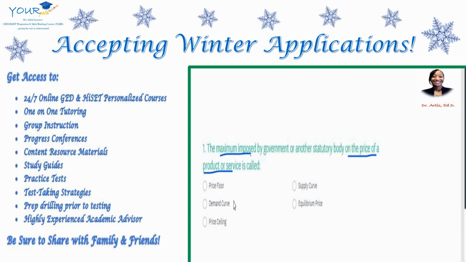You can see that we have 3 terms with the word price in them, and 2 terms without the word price in them. All 5 terms actually have some relationship to the price market. However, we're looking for the term that actually means the maximum imposed on the price of a product or service.